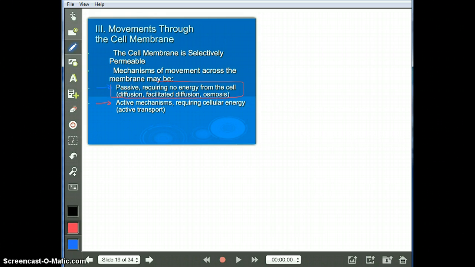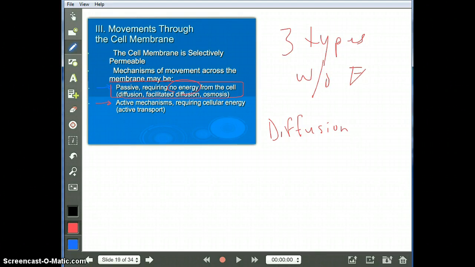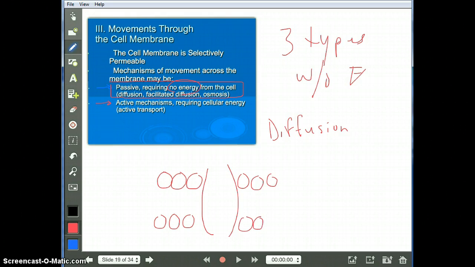Passive requires no energy. So there are, as shown there, three types without energy. Those three types are simple diffusion. Now, simple diffusion is going to be where molecules can pass through a cell membrane. We're looking at this thing before. Here's our cell membrane.